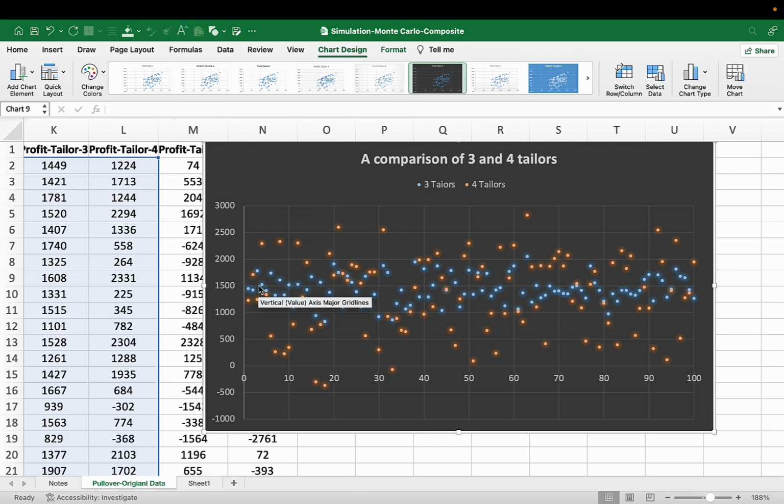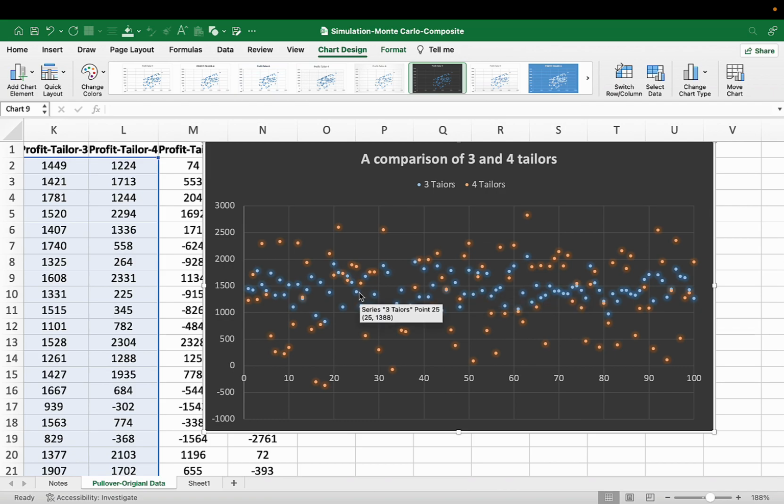Blues are mostly concentrated in this area, somewhere in the center, somewhere close to 1500, or you can say somewhere between 1000 and 2000. So blue data points are concentrated between 1000 and 2000, but oranges are more distributed, which means that there is more deviation in orange data points and less deviation in blue data points.